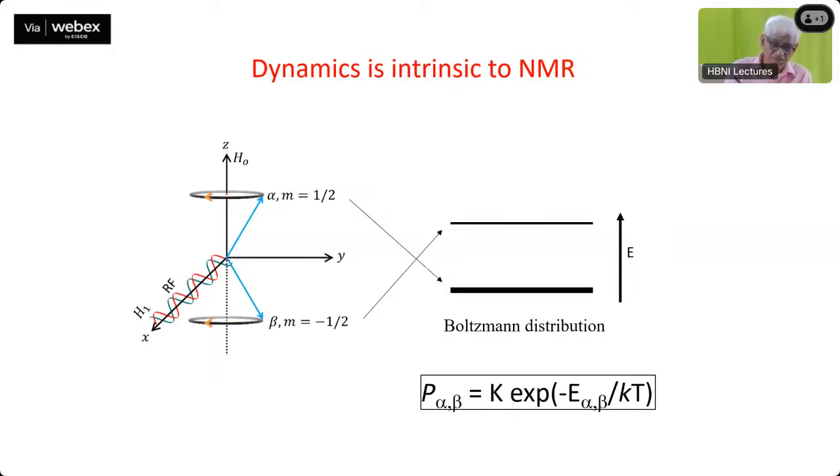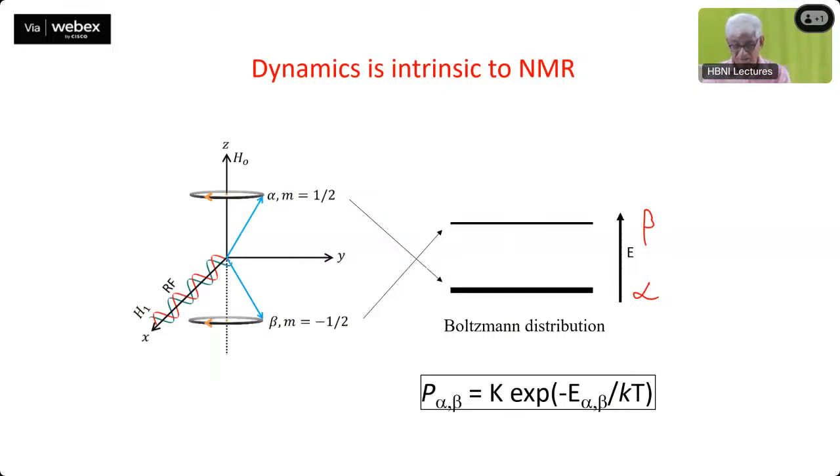Clockwise direction. So when you apply an RF along an orthogonal axis, then you have absorption of energy from one state to the other state. The two energy states are indicated here: this is the alpha state, and this is the beta state. They have different populations, and the population difference is determined by the energy.